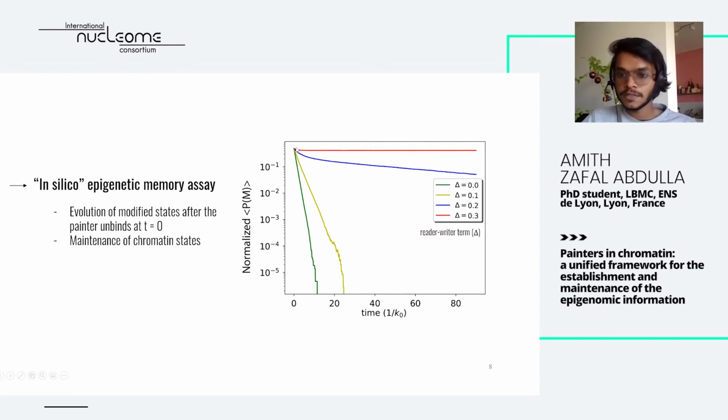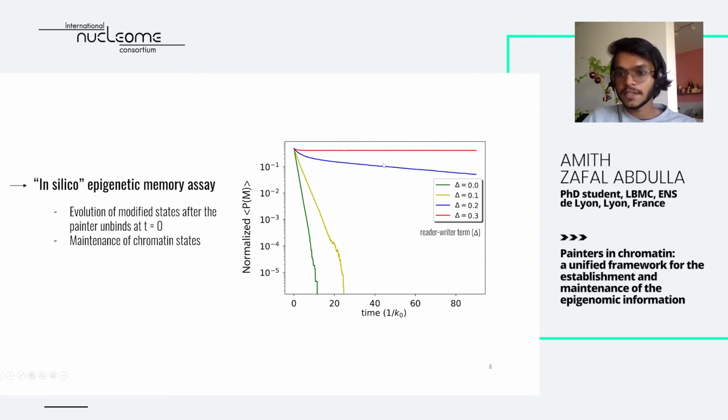And then we ask the question of whether the reader-writer process is able to maintain the states or not. When delta equals 0, with no reader-writer process, we see exponential decay of the modified state. It quickly turns into unmodified state. And with low reader-writer process, we see the same.